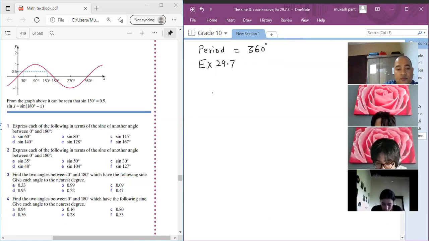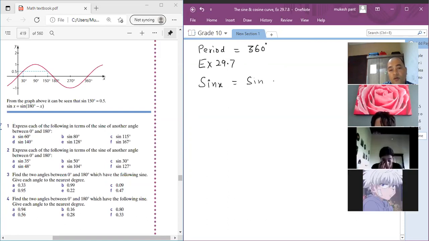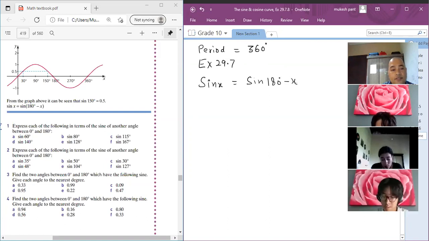Okay, now let's do the exercise questions. Note down this formula: sine x equals sine 180 minus x.